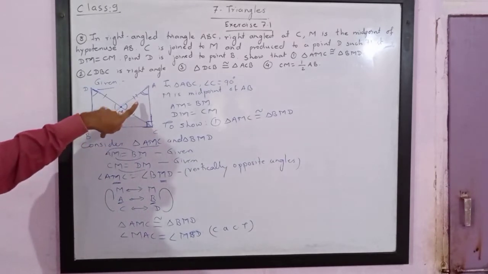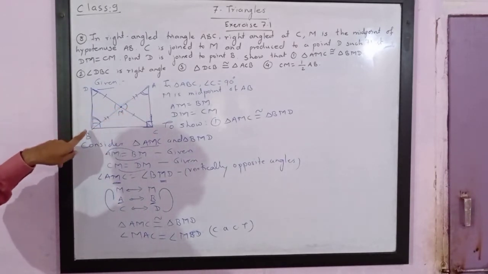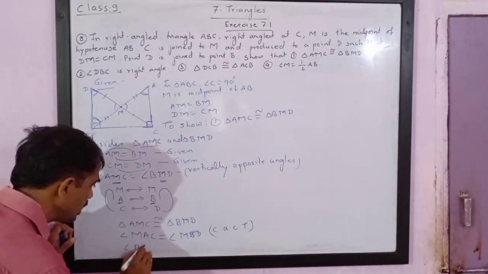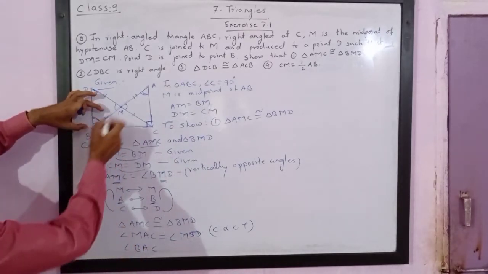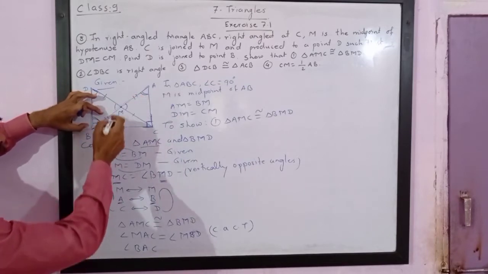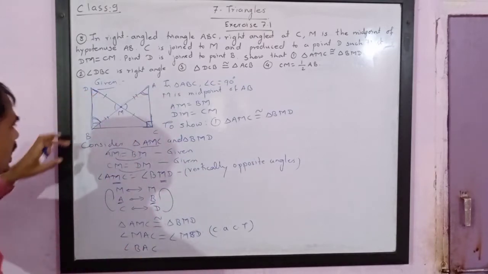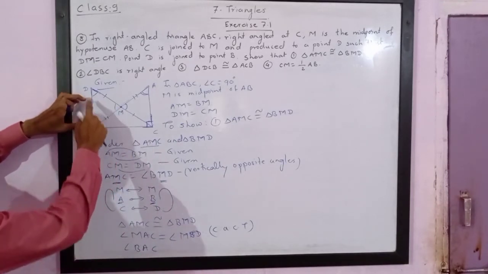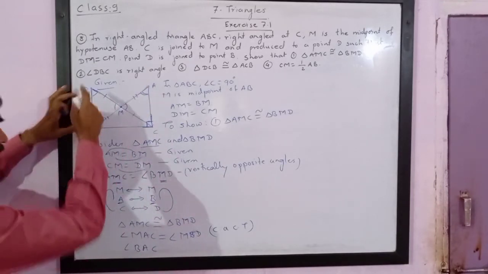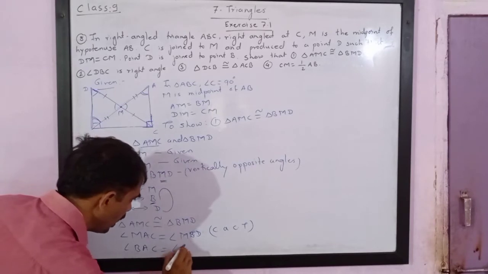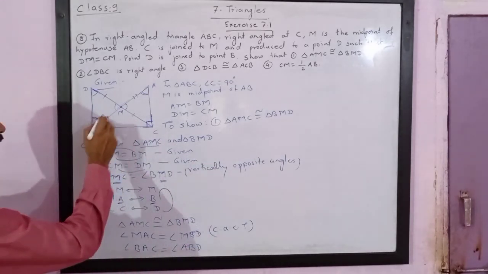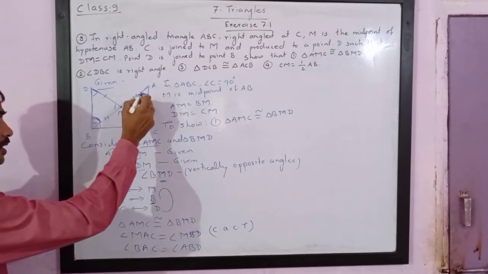Please note, from this I can say that angle BAC, because M is between A and B, is the same angle. MBD is this angle. I can say angle ABD is equal to angle BAC. Watch carefully. They form alternate pairs.